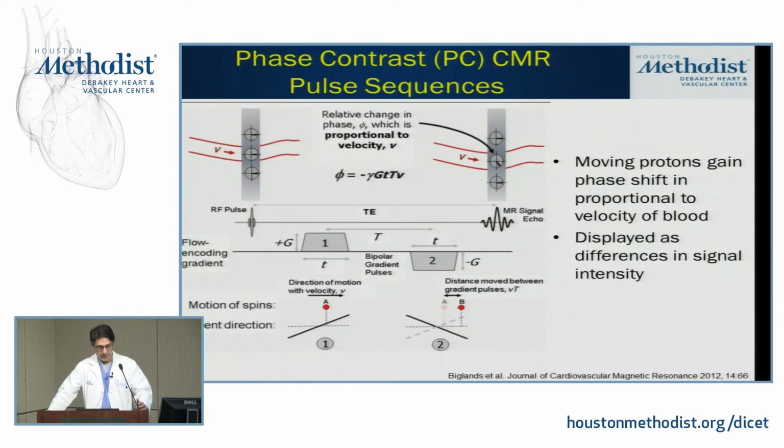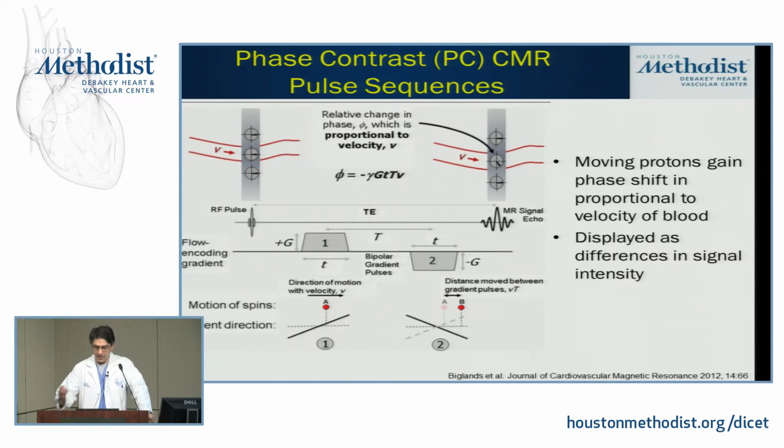The next important aspect is, of course, those phase contrast images that we were discussing. How can I describe phase contrast to you? This is really, again, our echo Doppler. The idea here is that by creating changes in the magnetic field using the magnets, you can create a phase difference of the red blood cells that are going through that particular magnetic field.